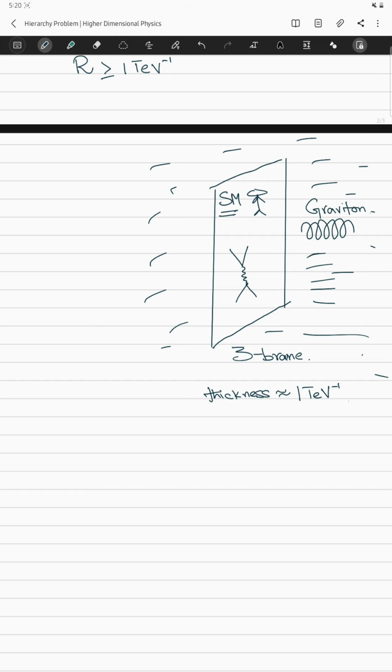And then there is a case as well in string theory, where you have open and closed strings, and one of those is allowed to move away from this 3-brane, while the others are pinned on this brane and cannot move away from it.